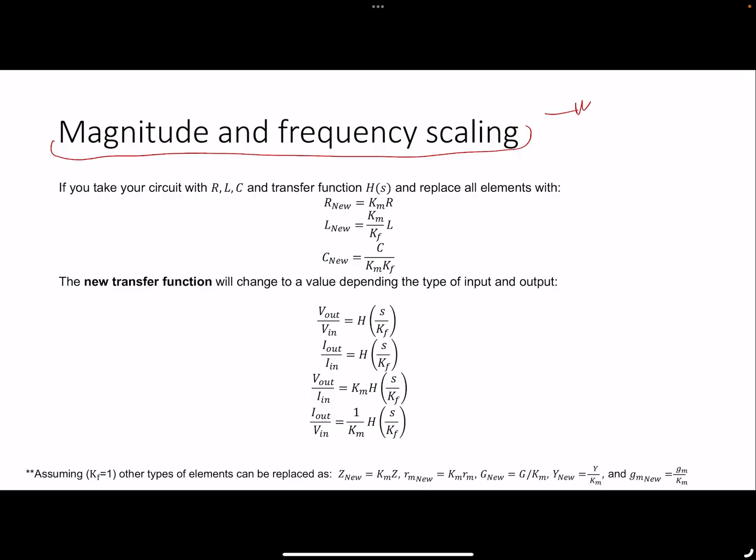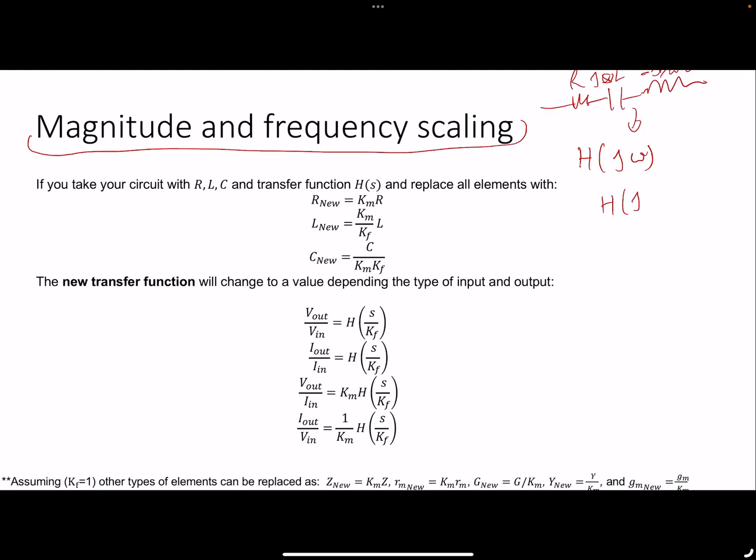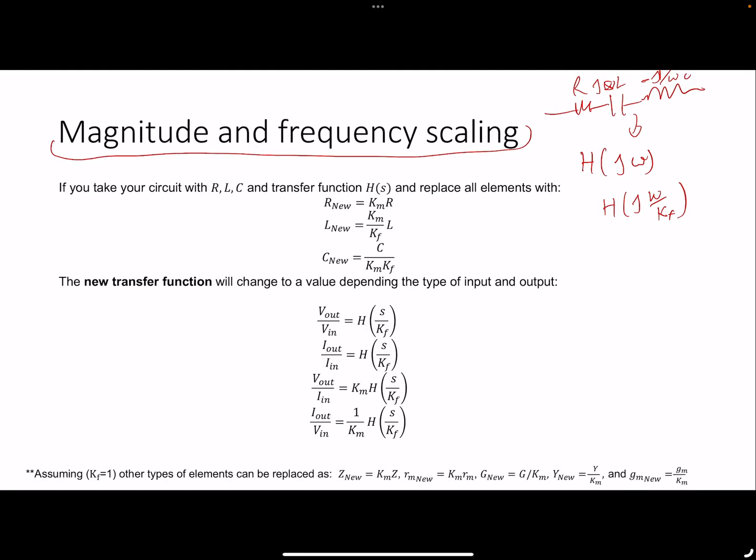If you have a circuit with R, J omega L, and negative J over omega C, and you end up with a response H of J omega once you solve this circuit, and you want to design a circuit that has H of J omega over Kf, you just replace all of your omegas with omega over Kf.